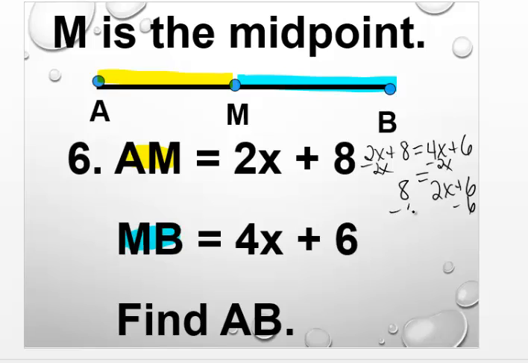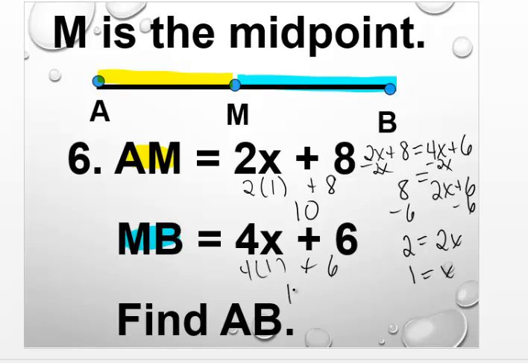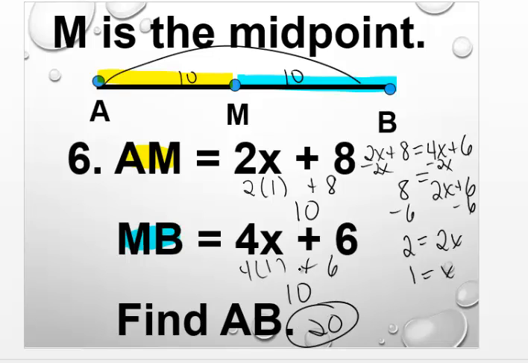Subtract 6 from both sides, I get 2. And so my x value is 1. When I plug 1 in for AB, there is no AB. So I'll plug it in for AM. 2 times 1 plus 8, that's 10. And I can plug it in here, but I better also get 10 because those are equal parts, and I do get 10. So that means the whole length, because this is 10 and this is 10, the whole length is 20.